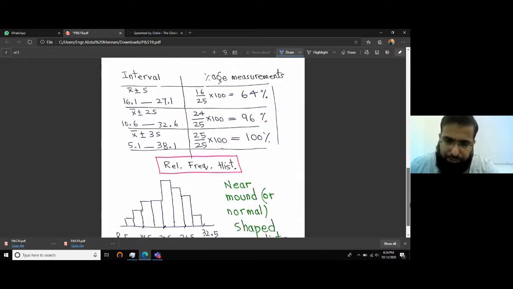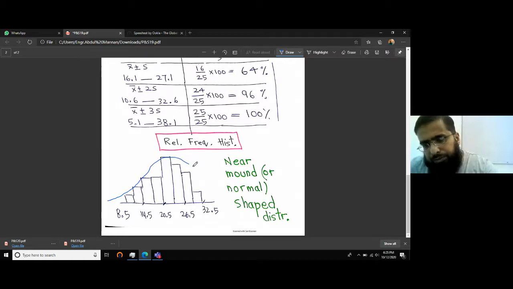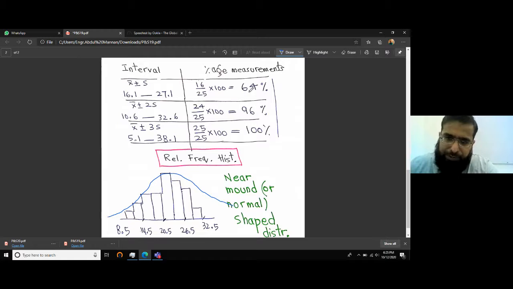The reason for that is that the mound shape is not exactly bell-shaped; it's very close to bell shape. What I'm trying to do is draw an envelope over this histogram. So it's around the bell shape, not exactly the bell shape, and therefore we get this small deviation of 4%.